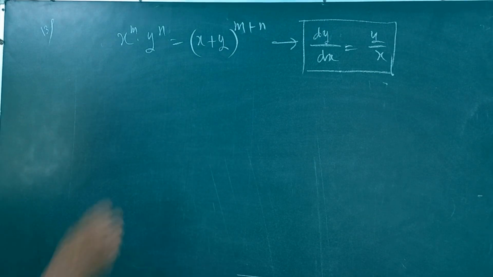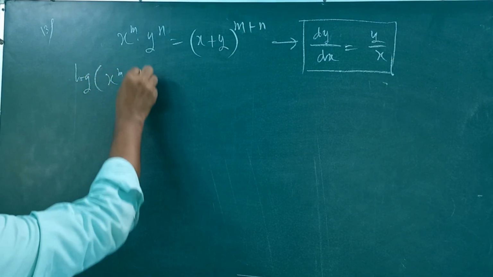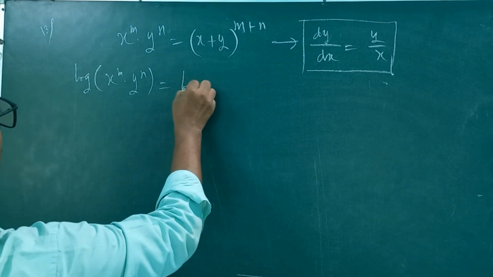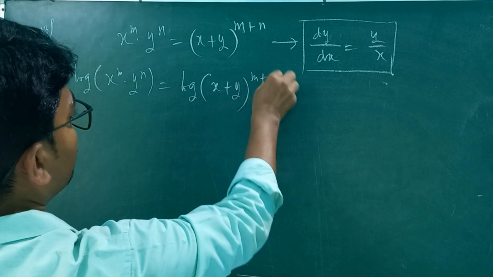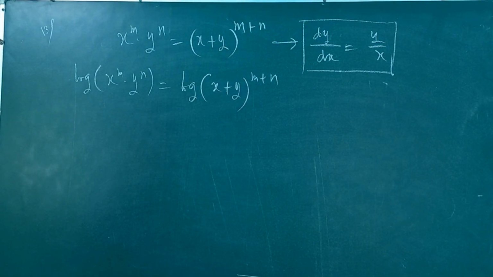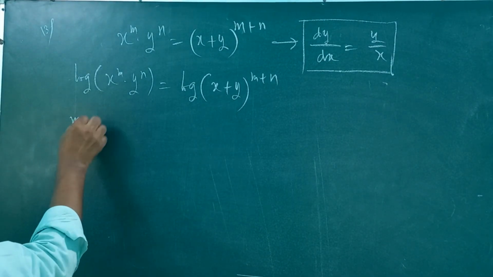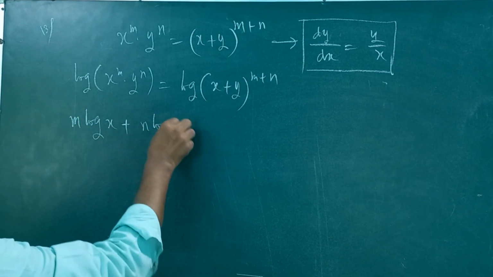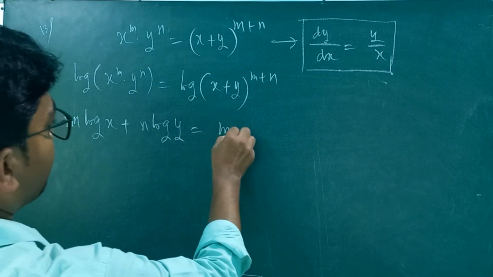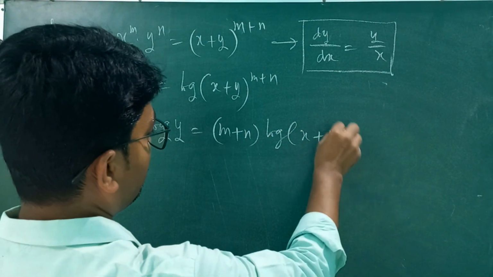Take log on both sides: log of x to the power m, y to the power n equals log of (x plus y) whole to the power m plus n. Now using the property of logarithm, what will you get? m log x plus n log y equal to (m plus n) log (x plus y).